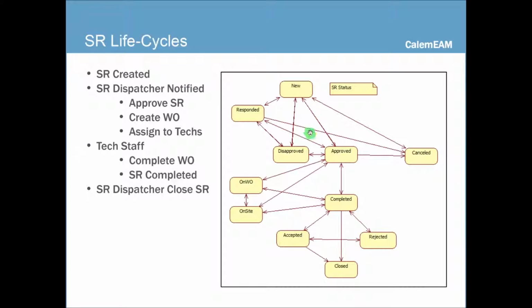The SR dispatcher then turns the SR into a work order. After approving the SR, turn it into a work order and assign it to technicians. The technical staff then take the work order and complete it, which also completes the SR. The SR dispatcher then reviews it and closes the SR.